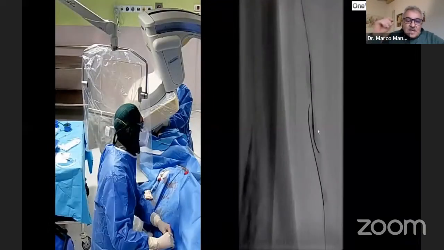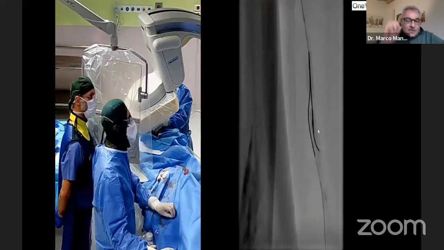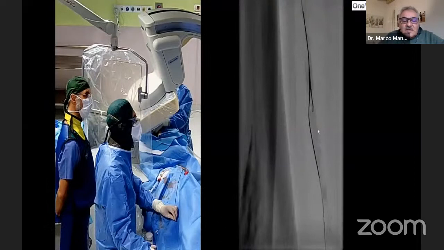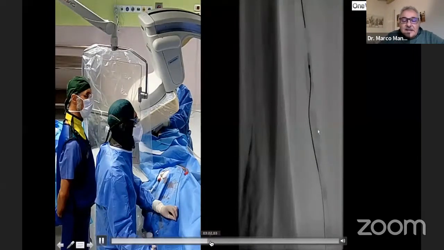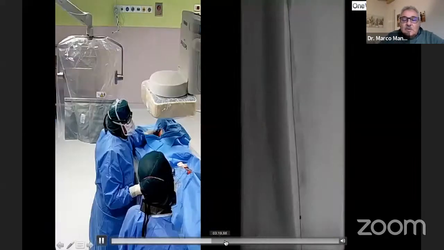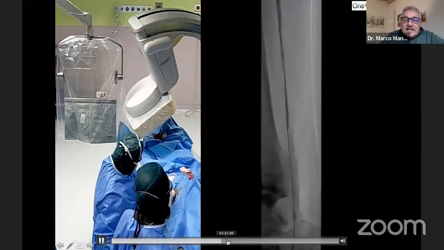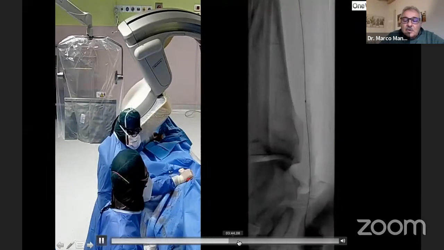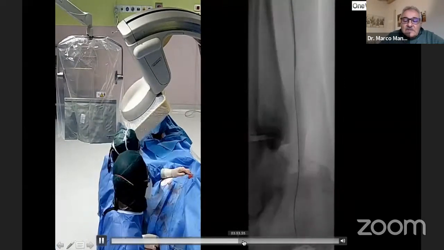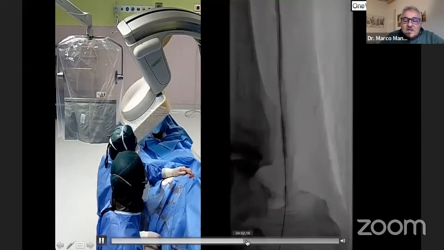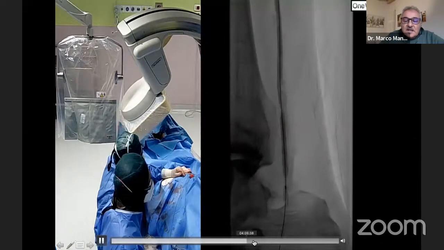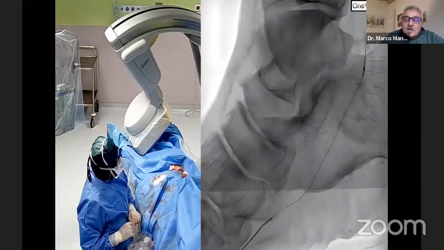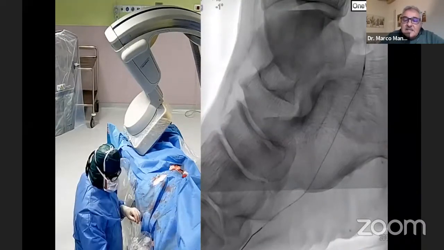Of course, we could perform a rendezvous technique in order to snare the wire, and so it was possible to pre-dilate and dilate all the posterior, but then we had to continue the revascularization towards the forefoot. This is the common plantar, and I was quite lucky to arrive in the medial plantar artery.